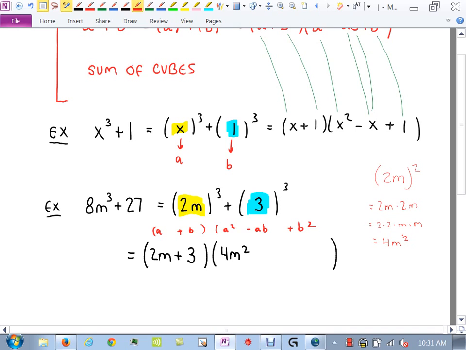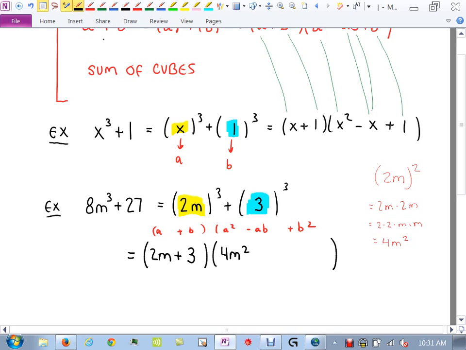You see, so the squared is on the m, but it's not on the 4. That's where things can get a little tricky. It would be incorrect here if you put 2m squared, because you squared the m, but you didn't square the 2.